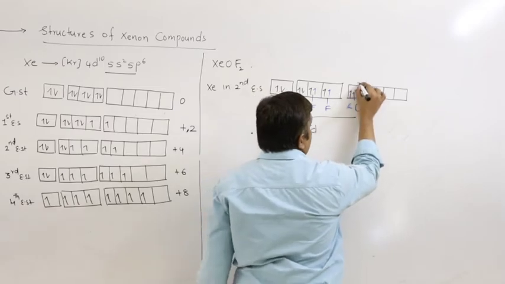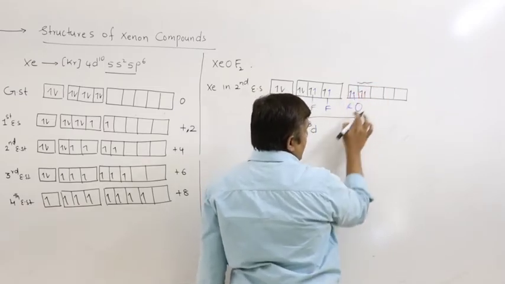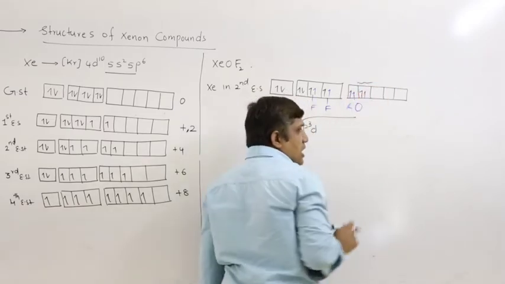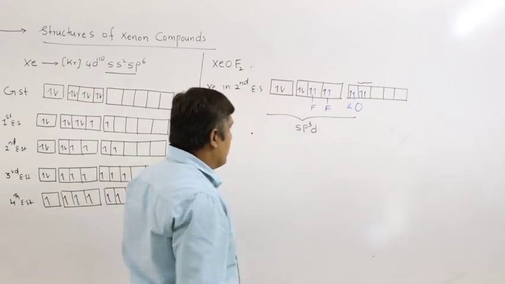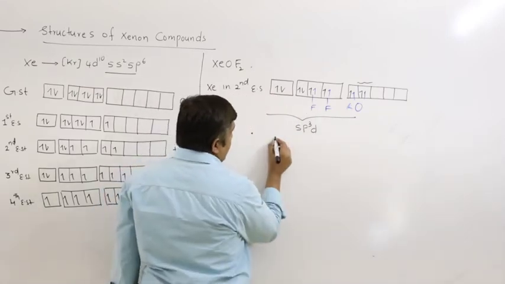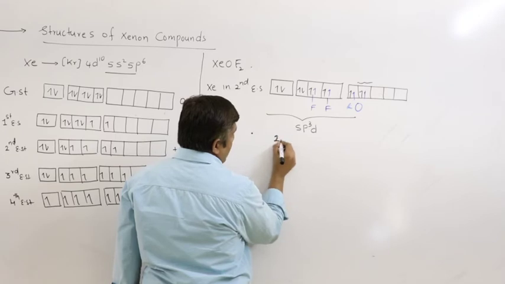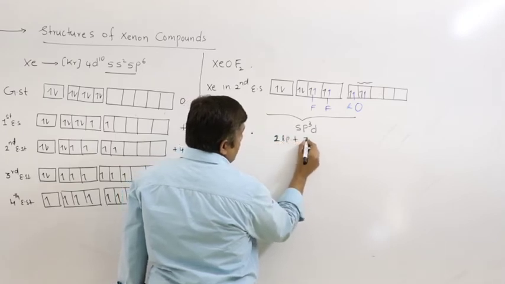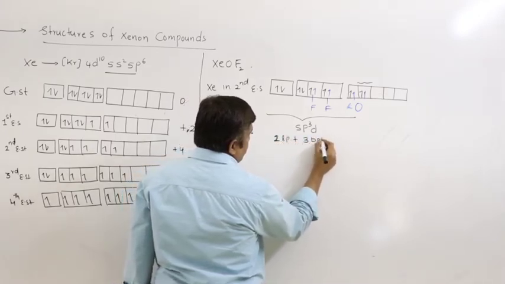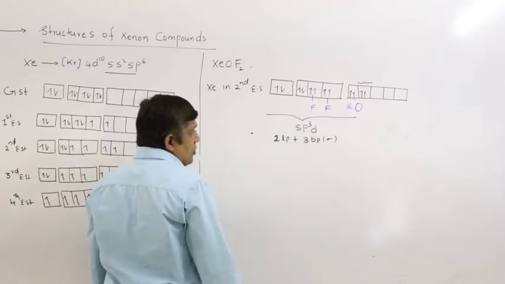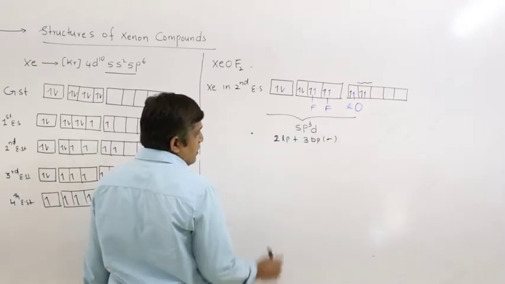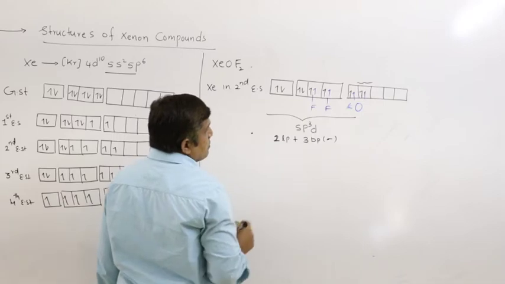Now this is pi bond electrons. So oxygen uses its p orbital and xenon uses d orbital. So dπ-pπ bond. Right. So two lone pairs you have plus 3 sigma bonds. Therefore the geometry will be 2 lone pairs, 3 bond pairs.